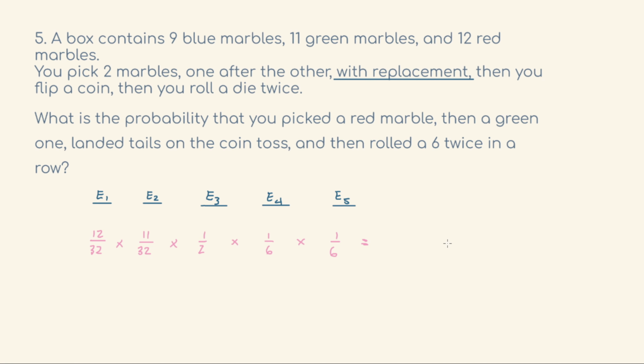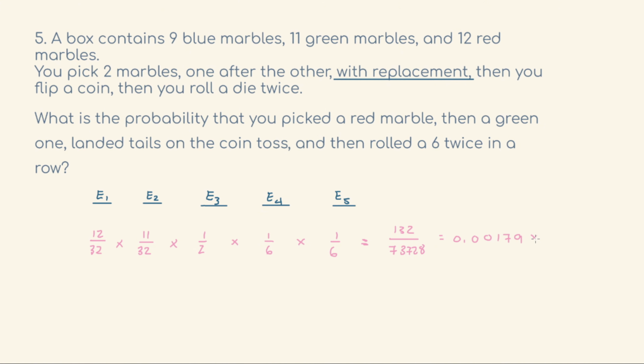So 12 times 11 times 1 times 1 times 1 is 132. And the denominators here, 32 times 32 times 2 times 6 times 6 is 73728.